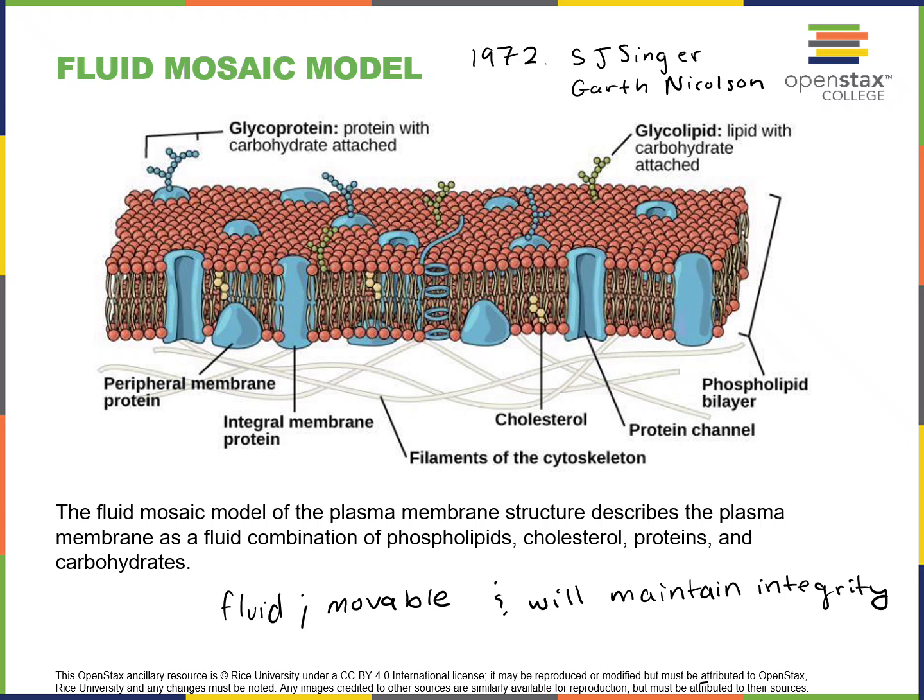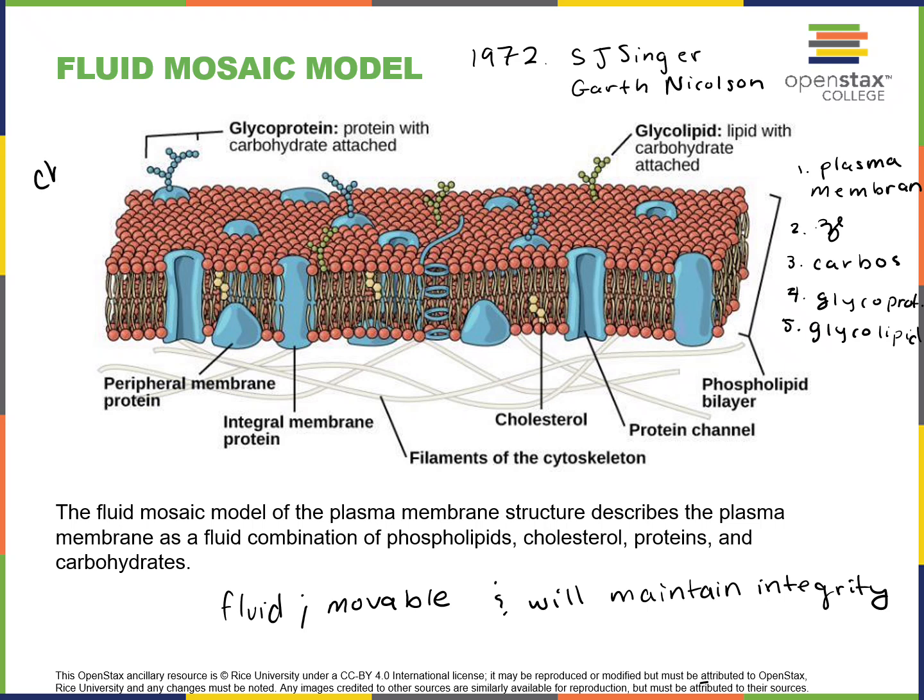piece of the cell. It's primarily made up of that plasma membrane, proteins, some carbohydrates, glycoproteins, glycolipids, and other kind of signaling molecules.